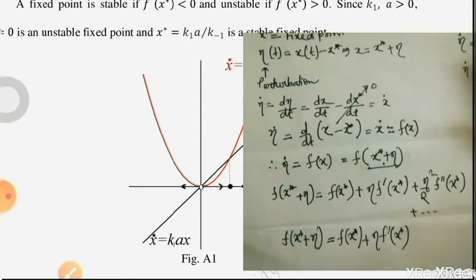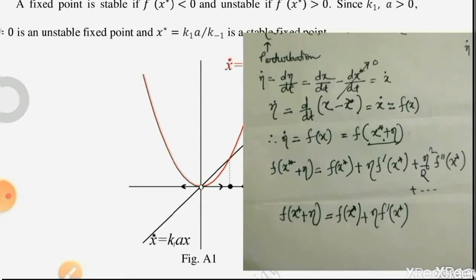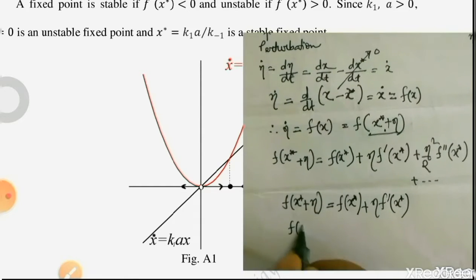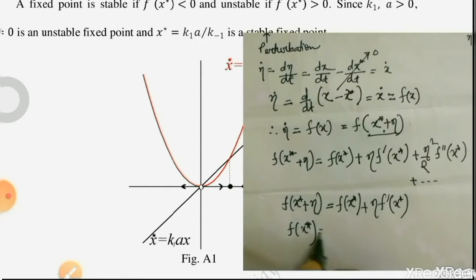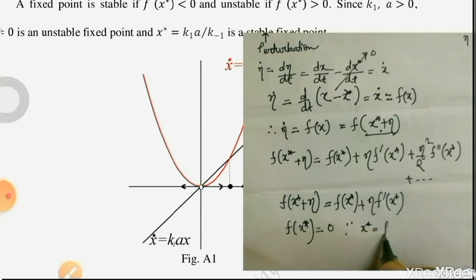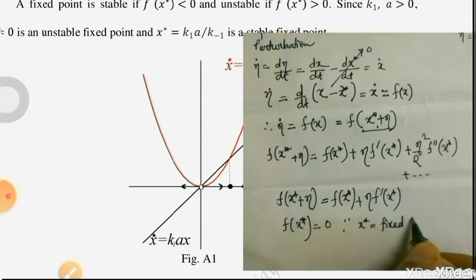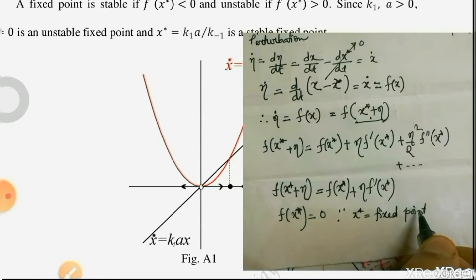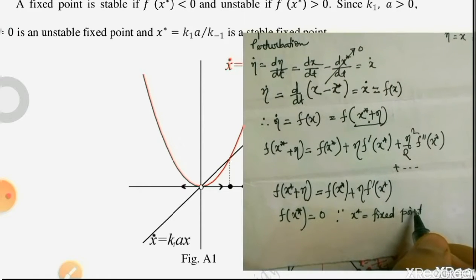Now again, f of x star is 0, since x star is a fixed point.